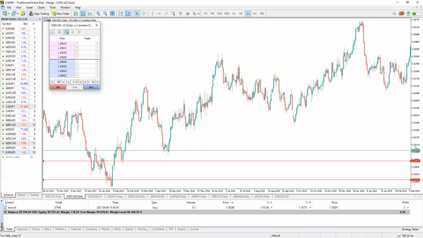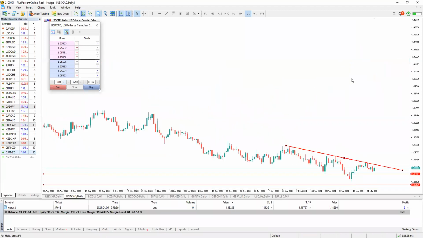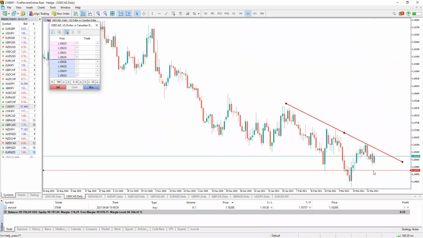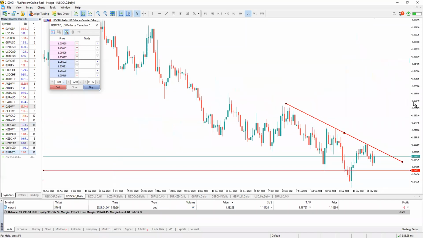Now let's go back. Okay, so you see, even if we have a break of these lows, we will very soon meet this red line, which is the previous demand that I just showed you. So I'm really expecting a push higher of the dollar against the CAD, but time will tell, I guess.